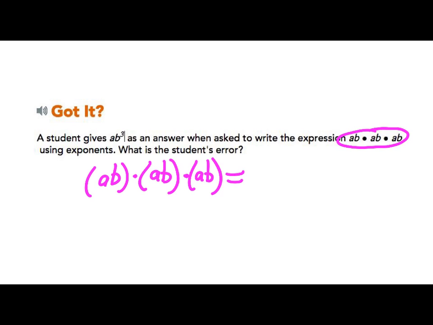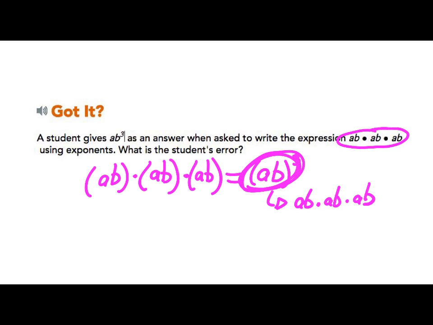What's the factor you're multiplying over and over again? A times B. Keep it in parentheses and put that to the third power. That literally means AB times AB times AB, because in the parentheses they are a family. You cannot break up the AB, or A times B.